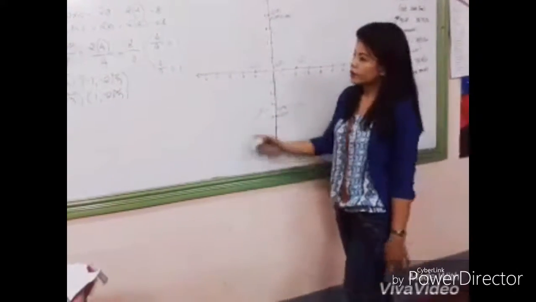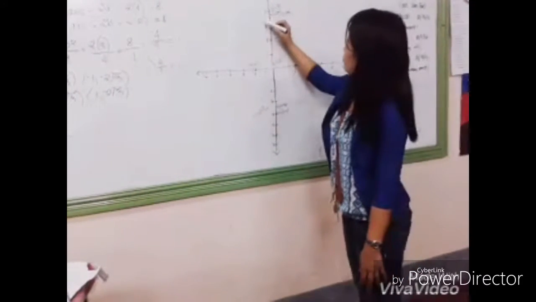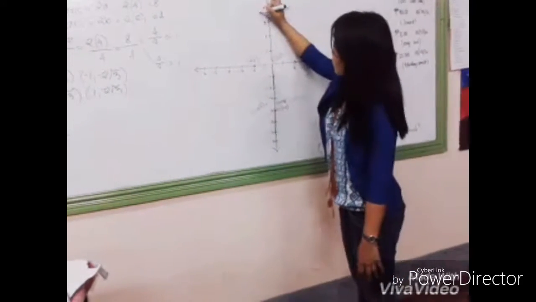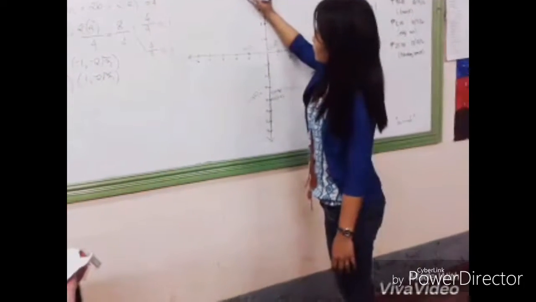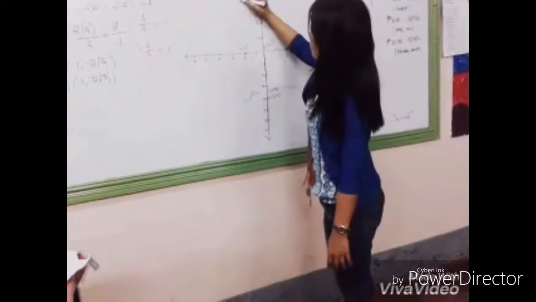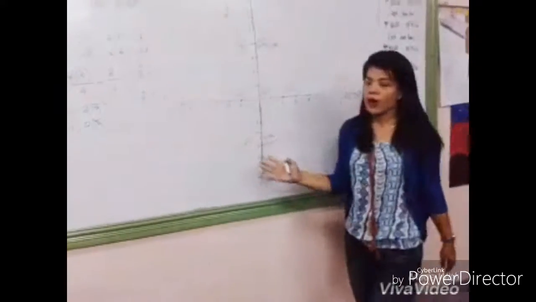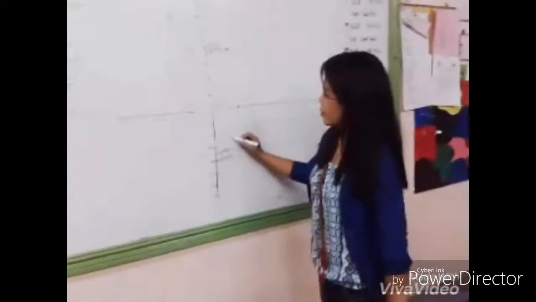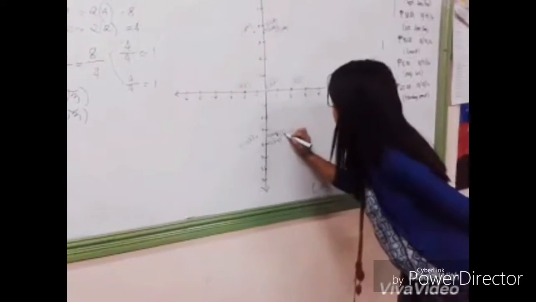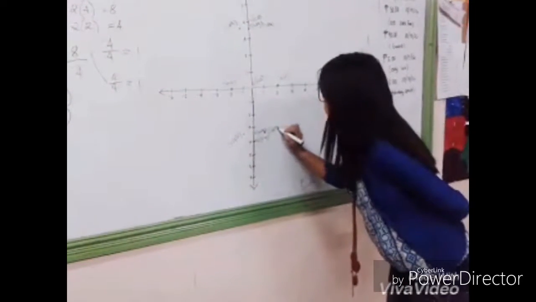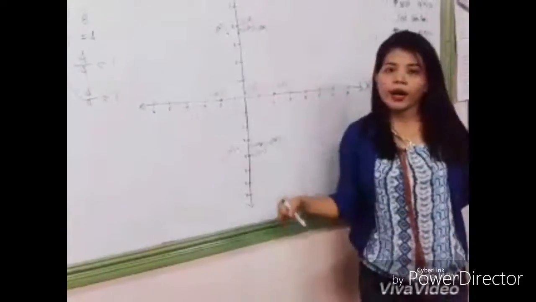And the third one is negative 1 and negative 2 square root of 3, so here. And the last one, we have positive 1 and negative 2 square root of 3, so we have it here. And now we're going to connect our points.